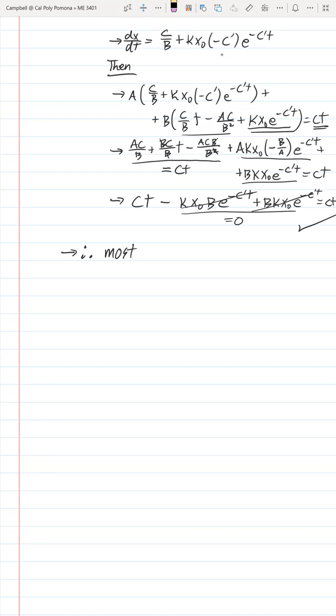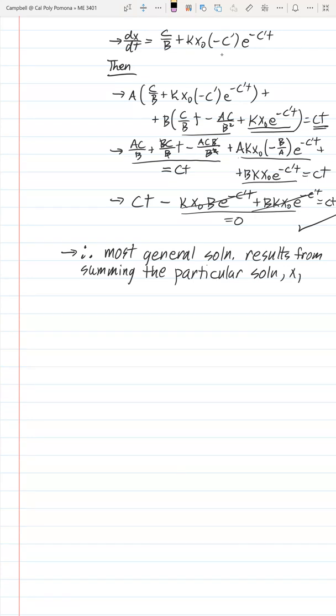that the most general solution results from summing, again, what we call the particular solution x sub p, which of course is the solution for the non-homogeneous form of the differential equation.